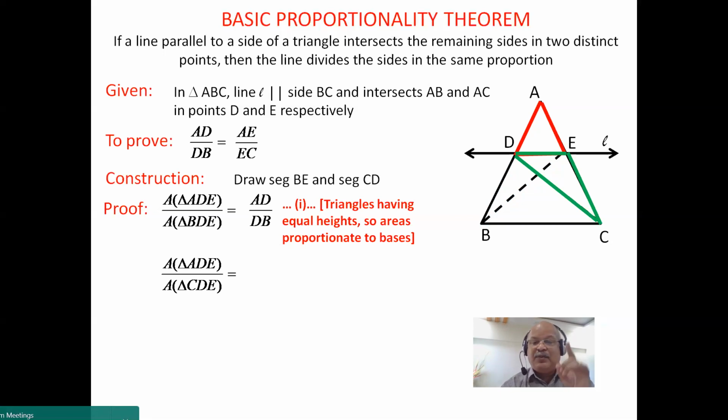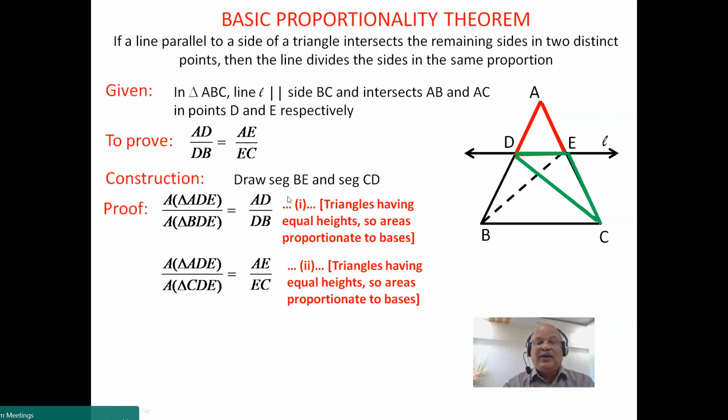Now children, if you look at both these triangles again, you come to know that both these triangles also have a common vertex, that is D. And with respect to D, the base of the red triangle, that is AE, and the base of the green triangle, that is EC, lie on the same line. And so the conclusion again is the heights are equal, and therefore the ratio of the areas is equal to the ratio of the bases. So we get here AE upon EC.